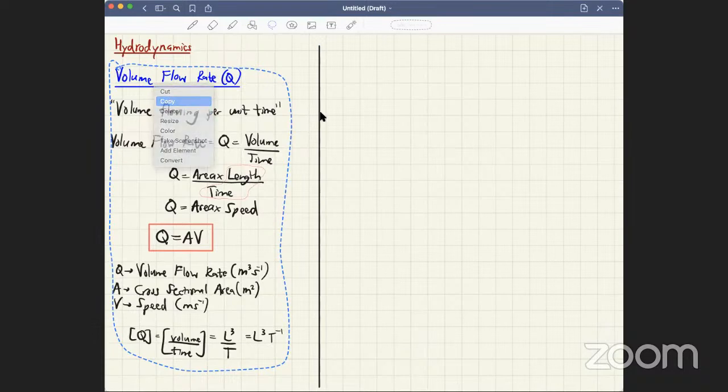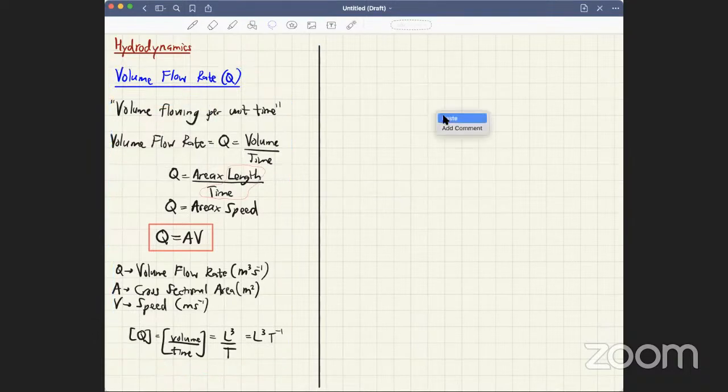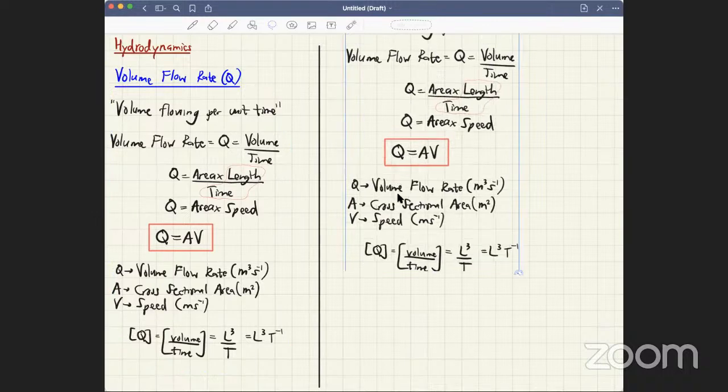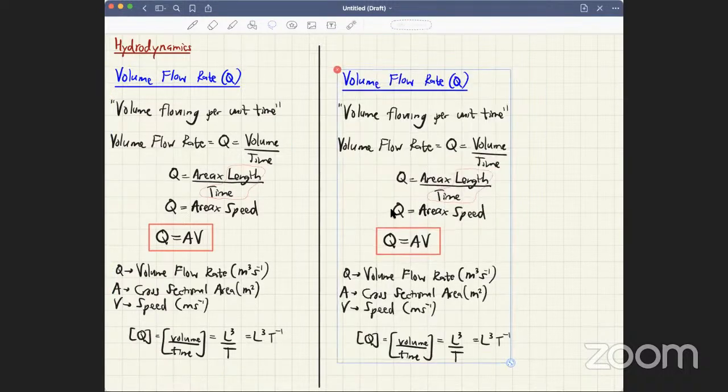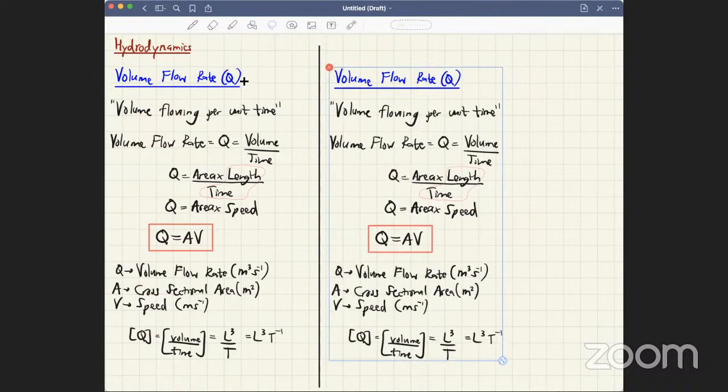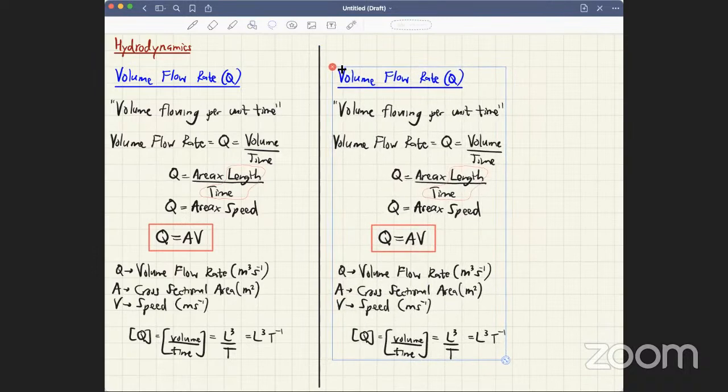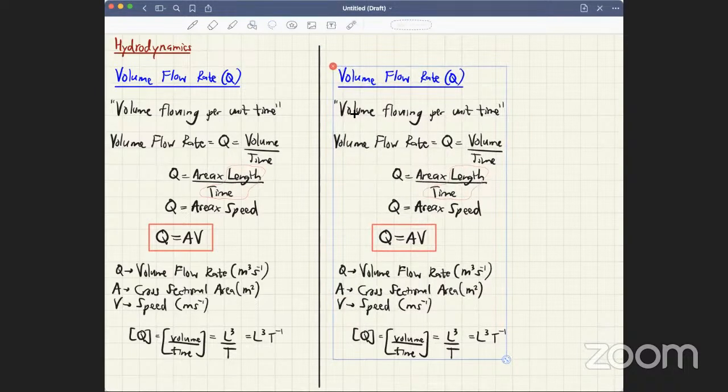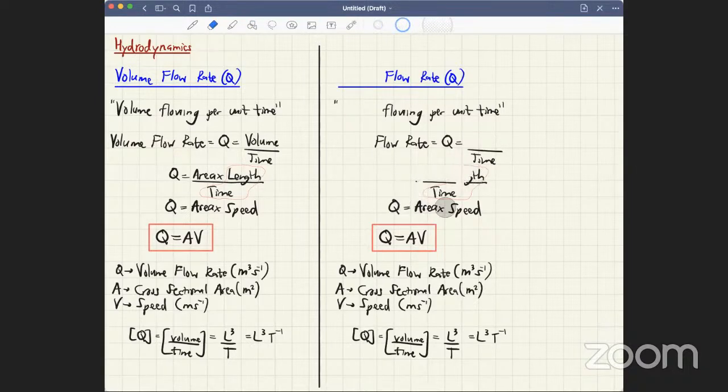The next quantity I want to introduce to you is mass flow rate. So let's replace the word volume with mass. Everything must be substituted with mass.